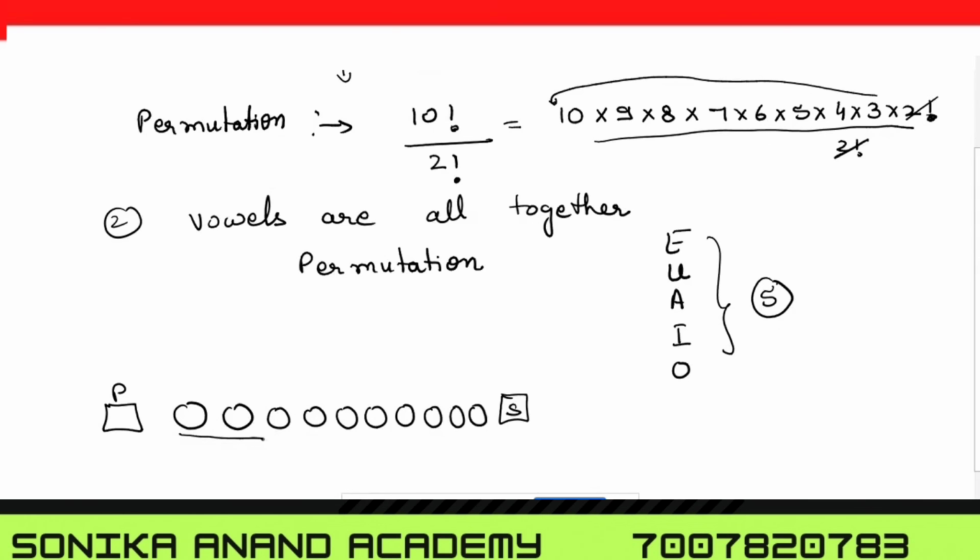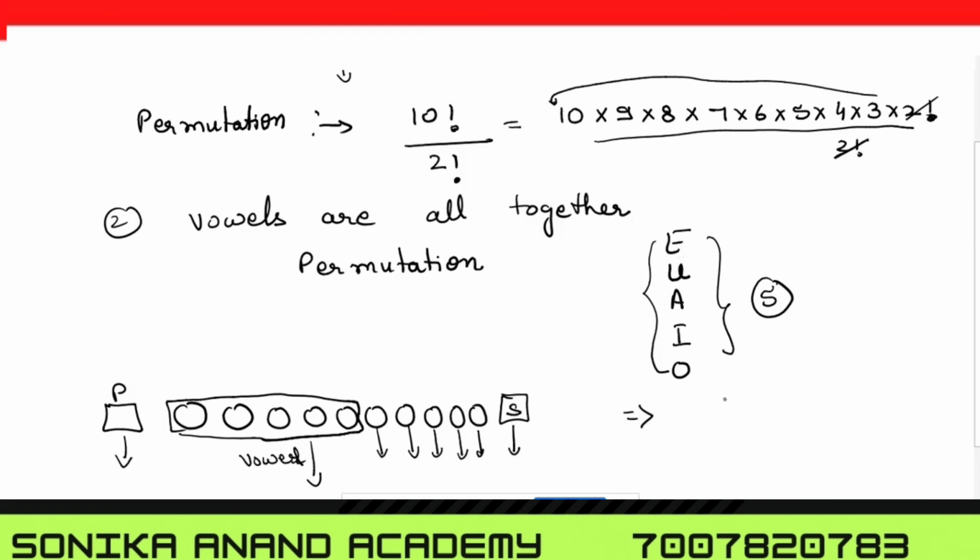Now five vowels, one, two, three, four, five, are treated as one. Now this is one, two, three, four, five, six, seven, eight. And T is not a vowel, so the net permutation is factorial 8 by factorial 2.